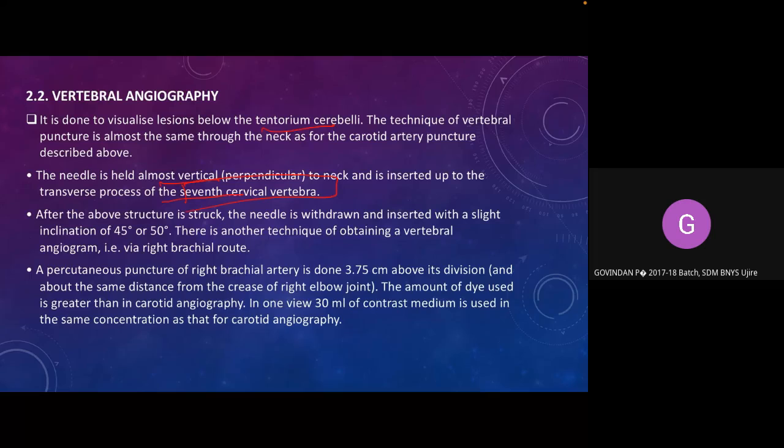Again, how do you know you have entered the vertebral artery? Because you will have a gush of blood. You can also enter through the brachial artery before its division at the right elbow joint. And for more dye, we used 10 ml for the brain, as we saw, and here they say we have to use 30 ml of the dye.